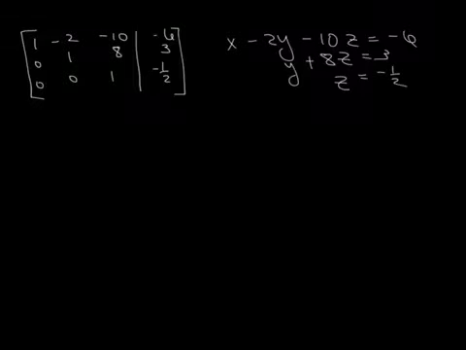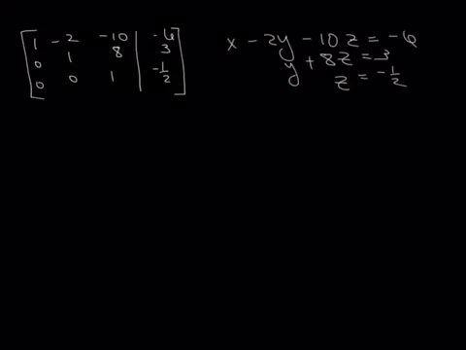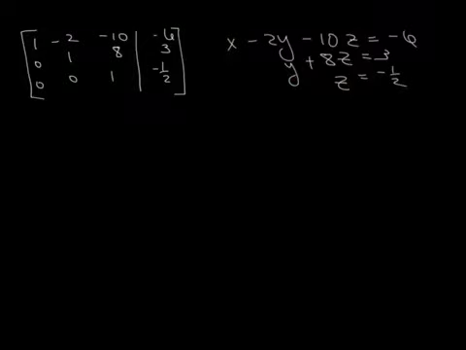Okay, so z equals negative 1/2. I explained this earlier. We take this negative 1/2, put it here, find the y. Take the negative 1/2 here. Whatever value we found for y here goes here, and we can solve for x. Okay, so we find x, y, and z. That's my preferred way of doing it.